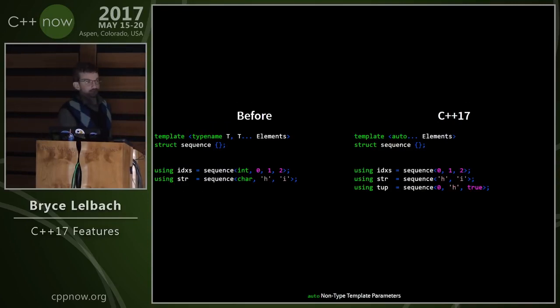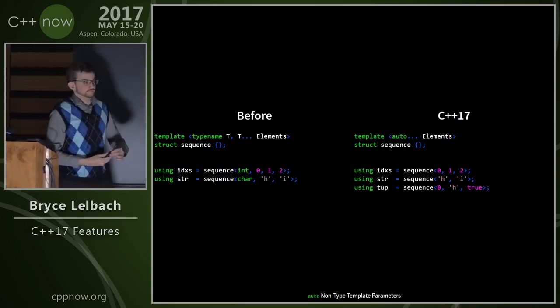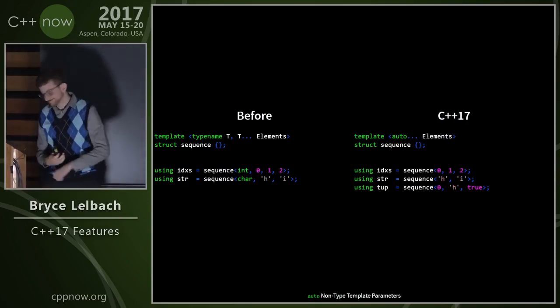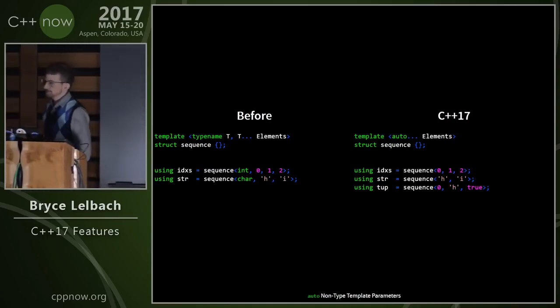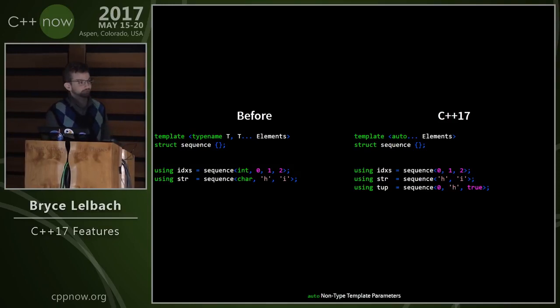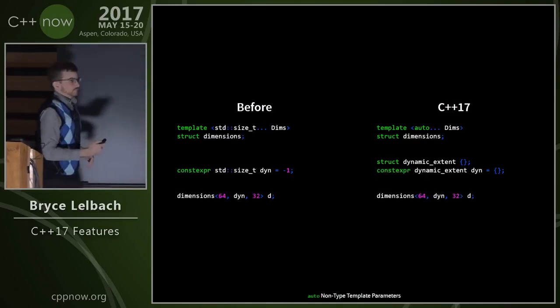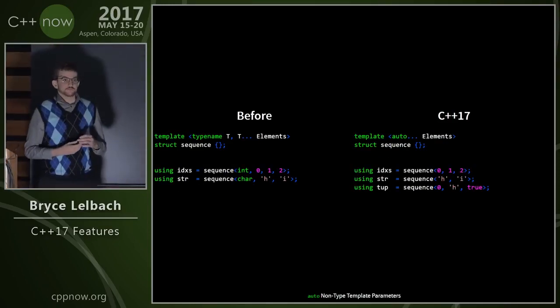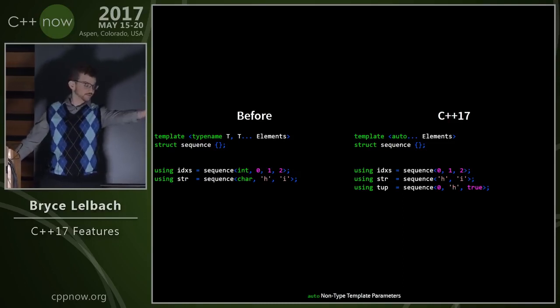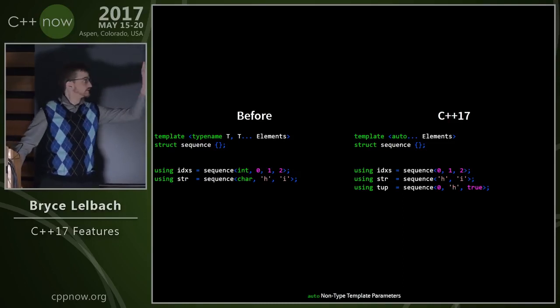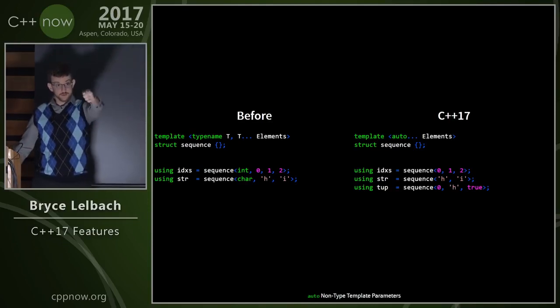Bryce, can you mix types in that sequence? Can you put types in? You cannot. It's something that I've also wanted, but unfortunately no. So the question I just answered was, can you put types in there? And no, they all have to be non-types. And then your question was, do they have to be built-in types?